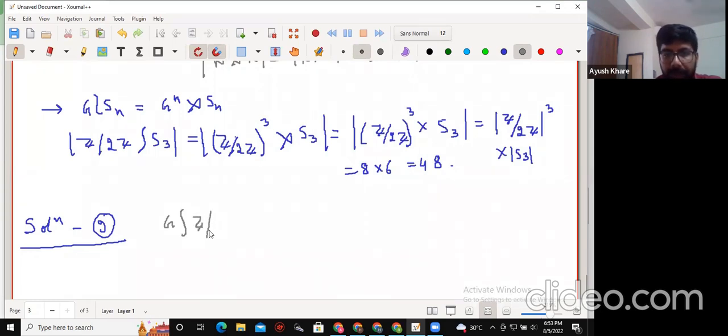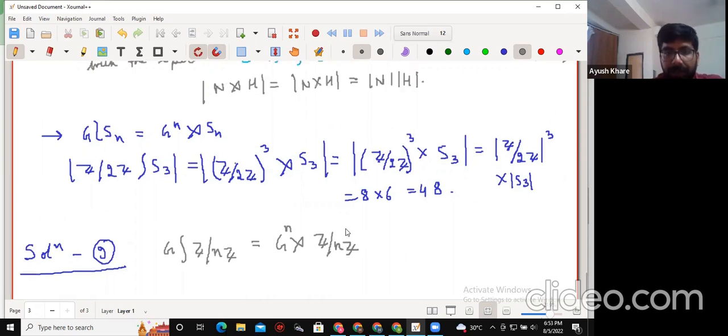I am taking Z mod nZ. In the question, we are just given Z2, but let's see this definition for n. So it's G raised to n semi-direct product with the order of Z mod nZ, semi-direct product with Z modulo nZ.